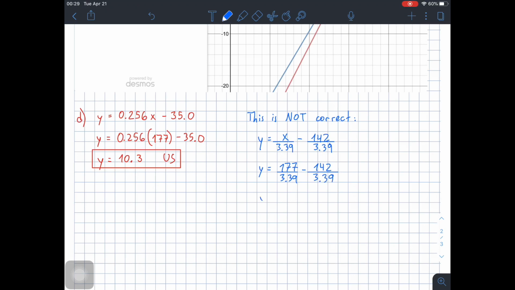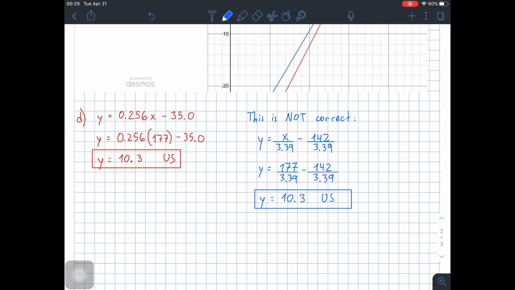If we solve this using the calculator, we actually get a very similar answer, but if we round to more decimals, then the answer would be slightly different. So in this case, it's just a coincidence that we get kind of the same value, okay?